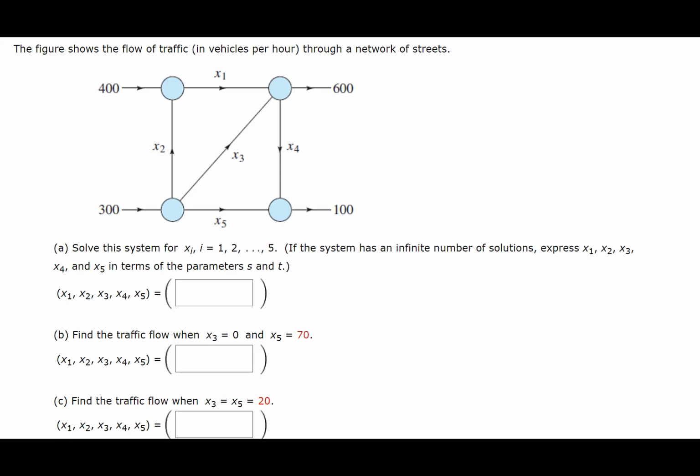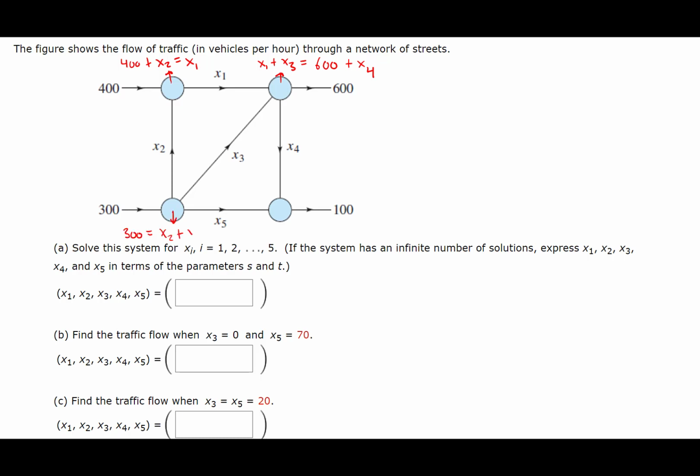So for that top left intersection, we can say 400 plus x2 is equal to x1, right? That's in equal to out. The left side is the amount of traffic going in, and the right side is the amount going out. Top right equation, we know x1 plus x3, that is the traffic going in, needs to equal the traffic going out. That's 600 plus x4.